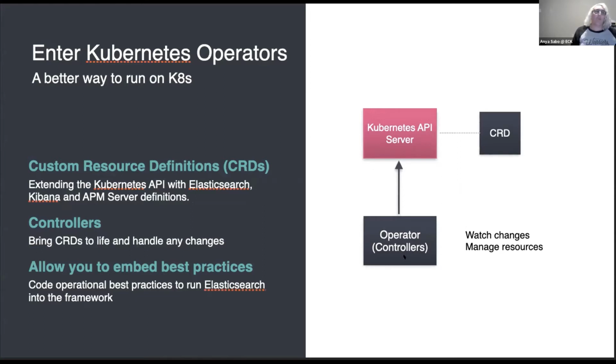So it lets you embed all of the best practices, all of the operator knowledge that's in your head, and make it into software that knows how to reconcile the actual state of the world with what the desired state of the world is. And it does that by watching for any changes to resources that it cares about from the Kubernetes API.